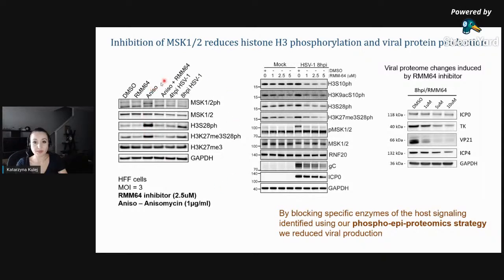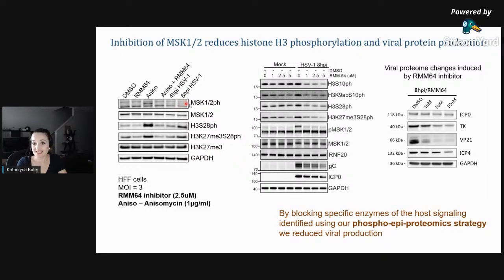And when we used the inhibitor of MSK, in our case RMM64, which is more specific towards primarily the single kinase, we see a decrease in this phosphorylation, including a decrease in the phosphorylation of S28. And as a control, we also showed a short time course of infection, and at 8 hours we see that S28 is increasing, although we miss this band here a little bit.